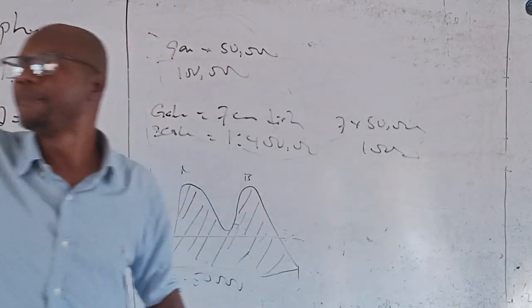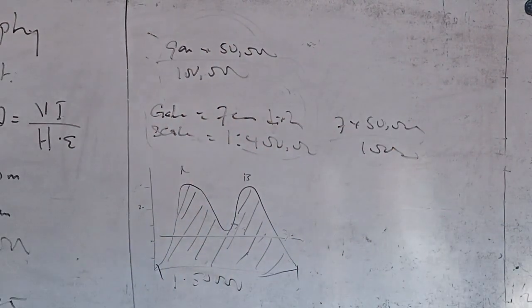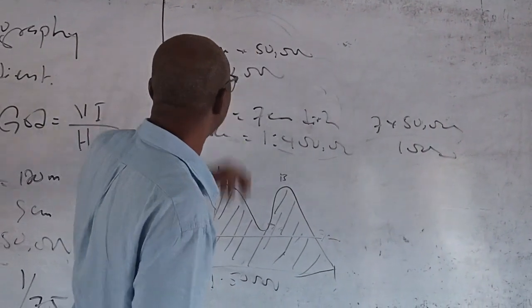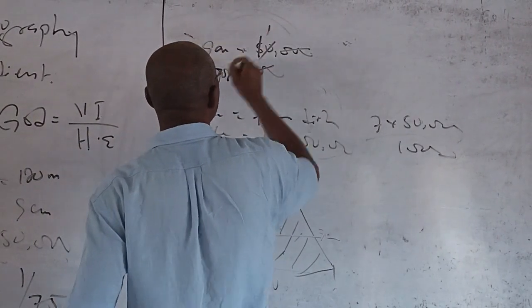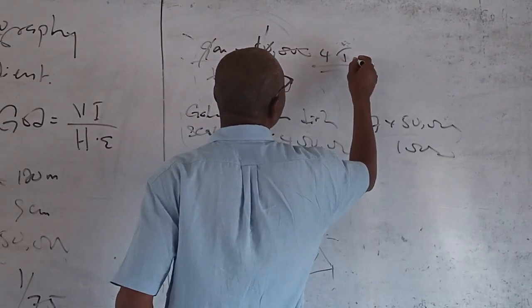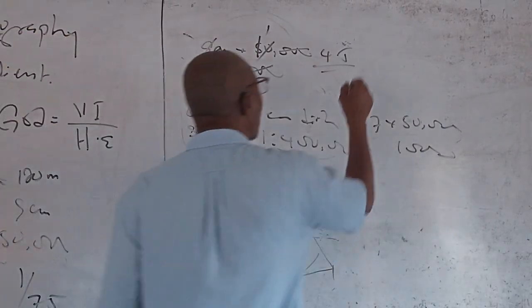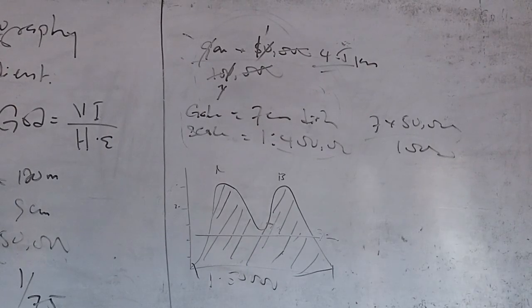That's your answer from the main gate to our hostel. Likewise for this one: 9 times 50 divided by 100,000. We cancel, here 1, here 2, that's 4.5. 4.5 what? Kilometers. We are on the ground. That's your answer.